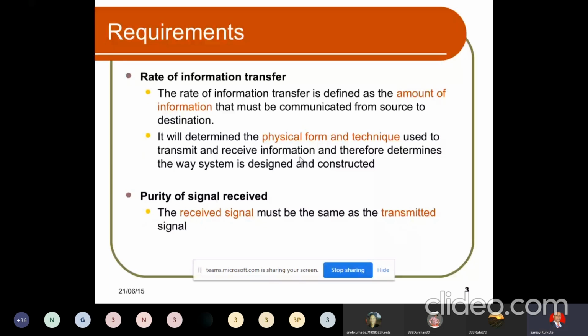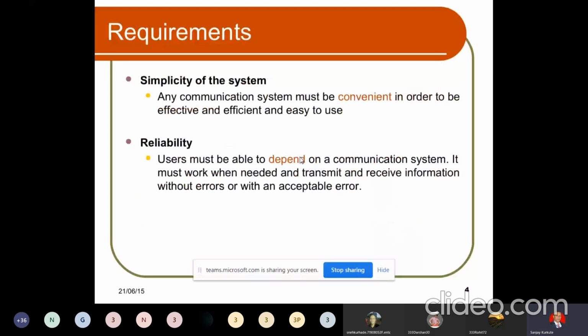So we have to take care of the transmitter first and then the receiver point. The next point is simplicity of the system. It must be convenient for effective and efficient use, so it should be convenient to all of you.